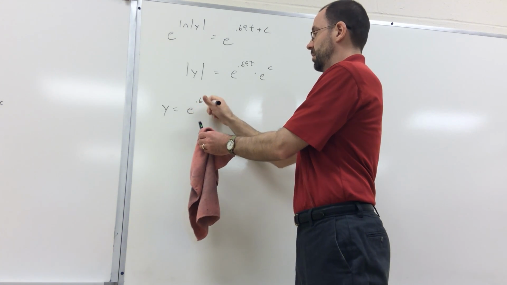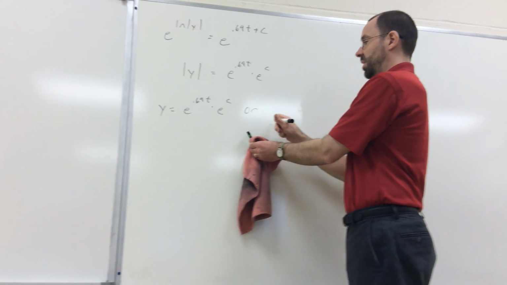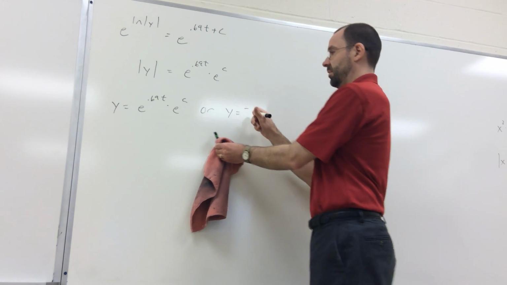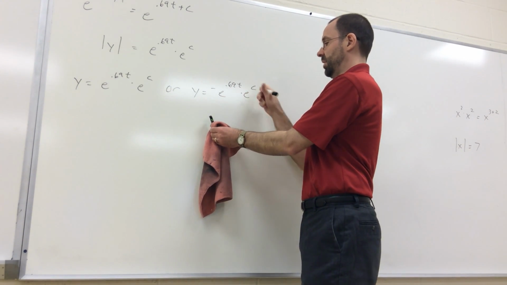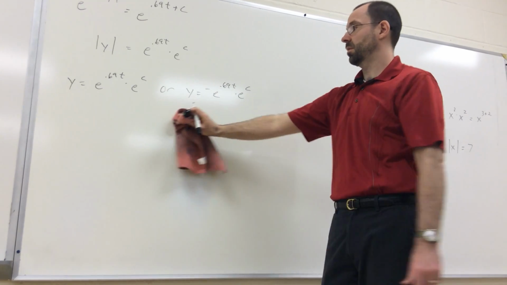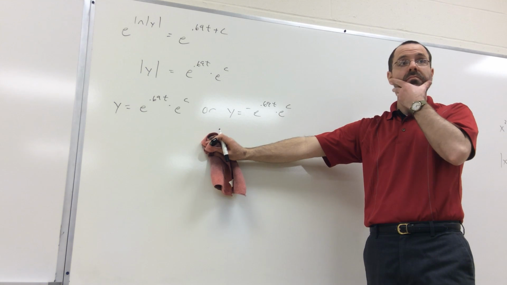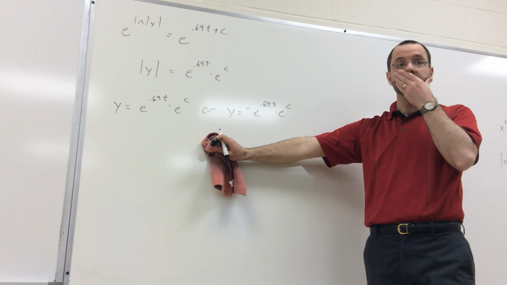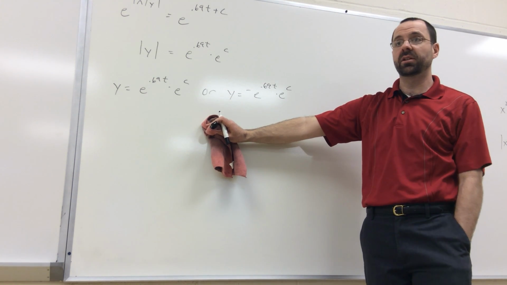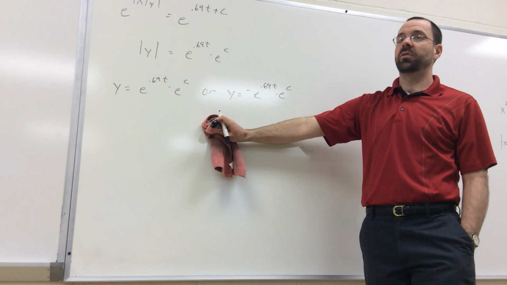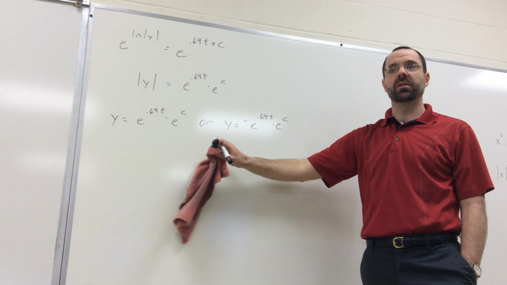So y could be e to the 0.69t times e to the c, or y could be negative e to the 0.69t times e to the c. So I've got two possible answers here, and the (0, 1) is going to help me figure out which one is the right one.